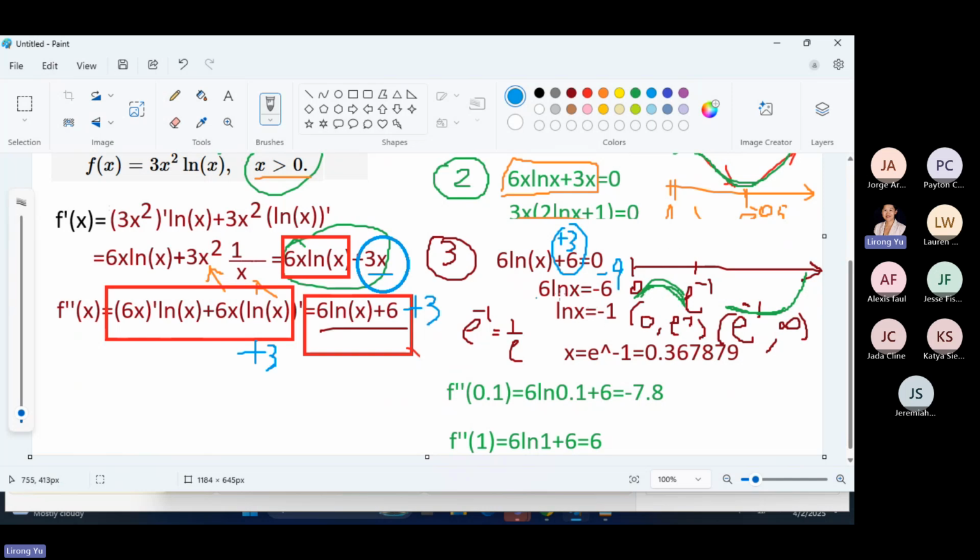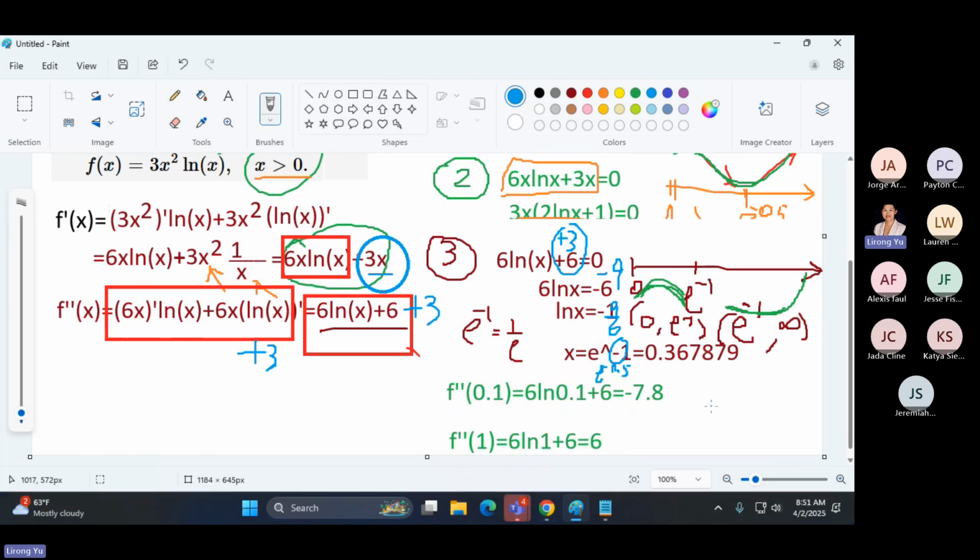So we divide both sides by 6, natural log of x equals negative 9/6 instead of 6/6. 9/6 is 1.5. That's supposed to be e to the negative 1.5 instead of -1.